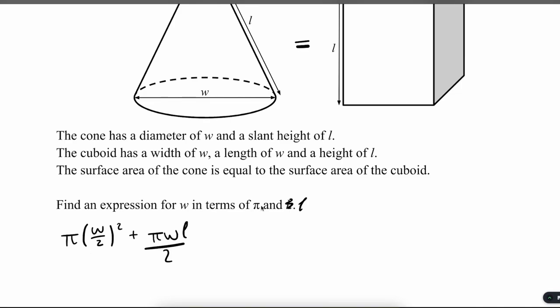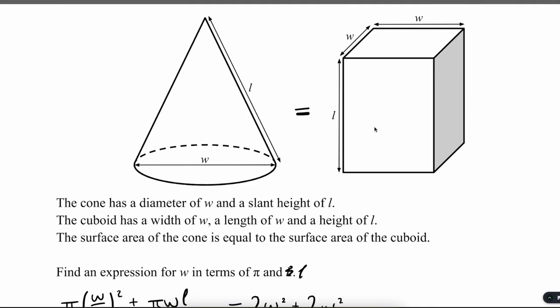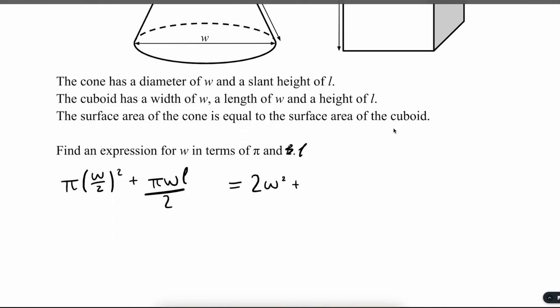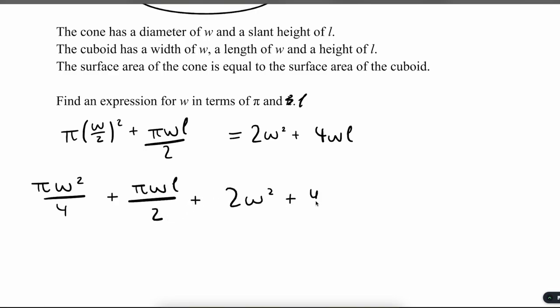Now for the surface area of the cuboid, we've got w squared, so we've got 2 lots of that, and then another 2 lots of w squared, and then we've got 4 lots of wl, because the wl's are around the sides here. So let's multiply this all by 4, because we get w squared over 4 times pi plus pi wl over 2 plus 2w squared plus 4wl.